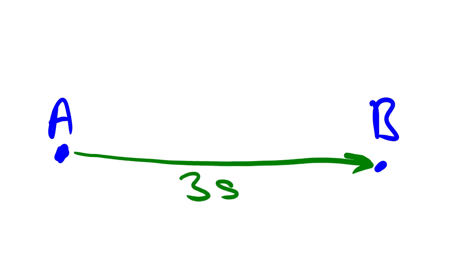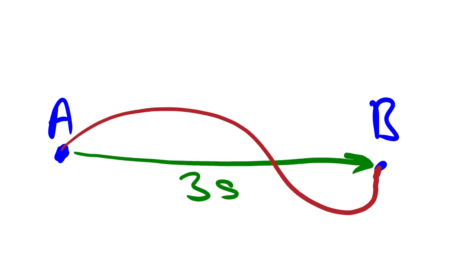The other one moves through this course from A to B. Let's say this is X and this is Y. The time it took Y to reach point B is, let's just say, still 3 seconds.